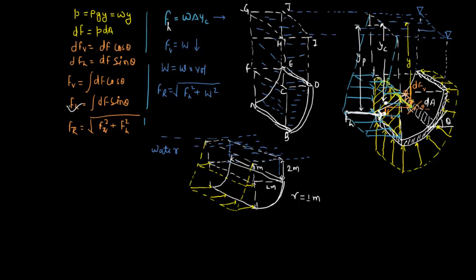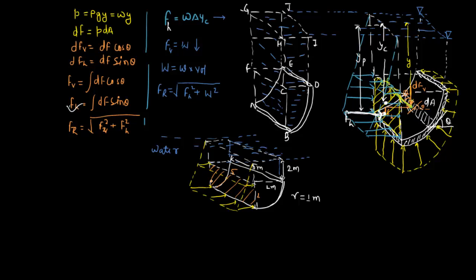It is actually this rectangle. When you view from this side, you will see this rectangle as the projected area of this plate. The height of the plate is 1 meter, equal to the radius, and the length of this rectangle is 5 meter, the length of the plate. So this is 5 into 1.